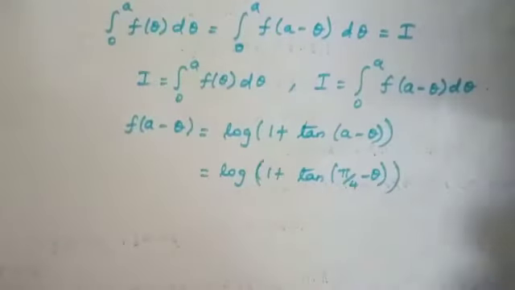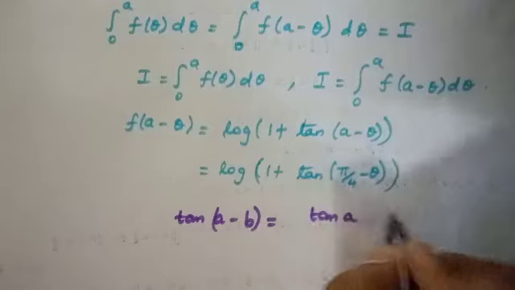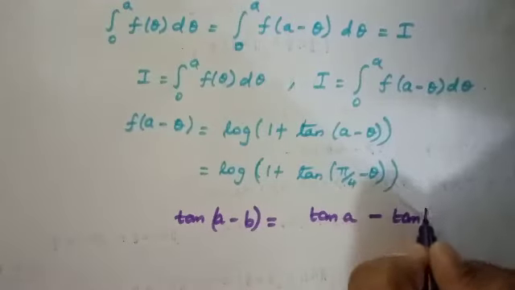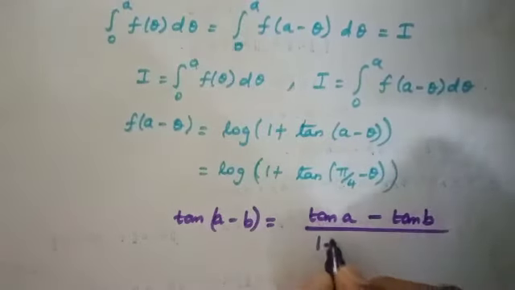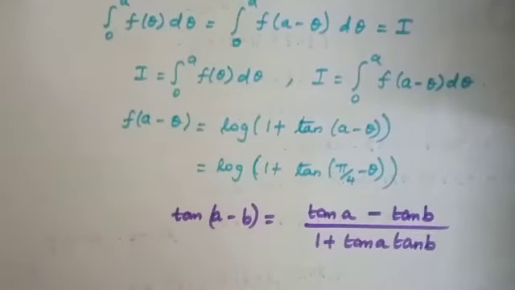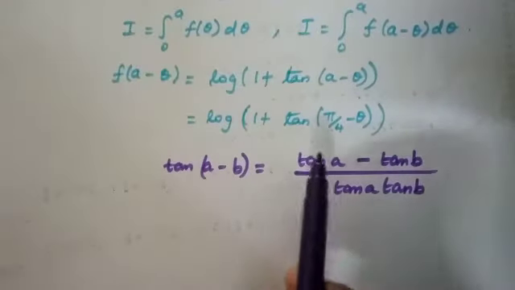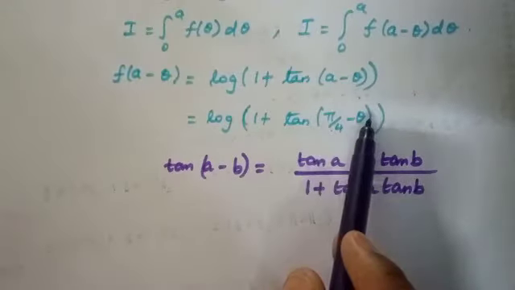The formula for tan of a minus b is tan a minus tan b divided by 1 plus tan a into tan b. Here we have a as pi by 4 and theta as b.